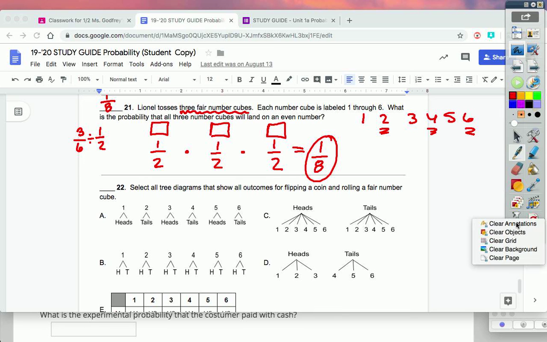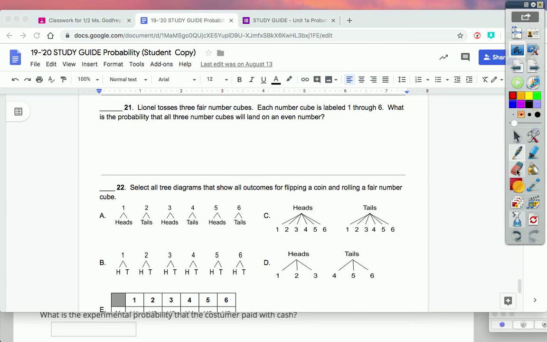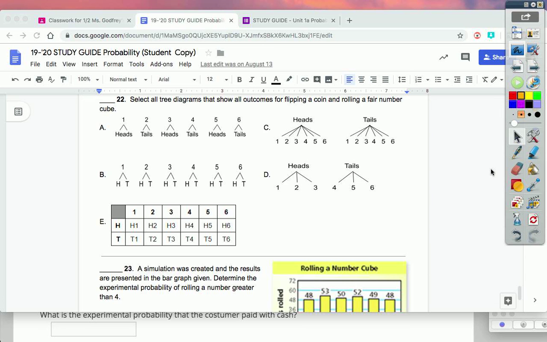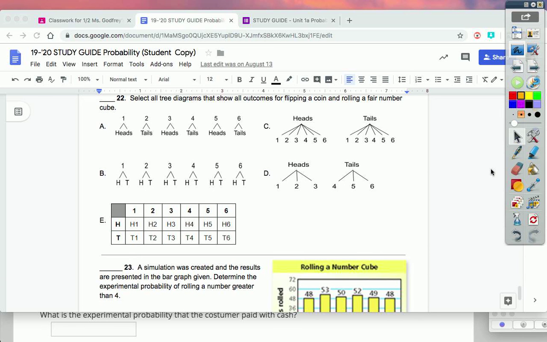Okay, moving along to our next one, number 22. Select all the tree diagrams that show all outcomes for flipping a coin and rolling a number cube. Please make sure you all slow down and read this one, because even myself, as well as many others, thought it said select all 3 diagrams.